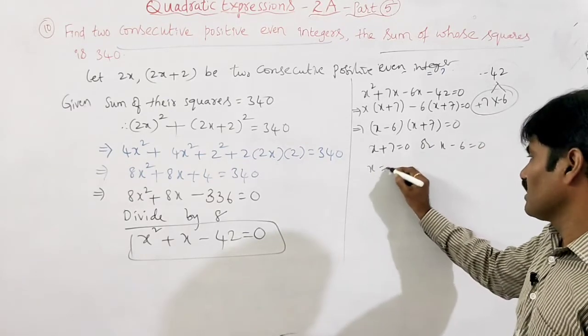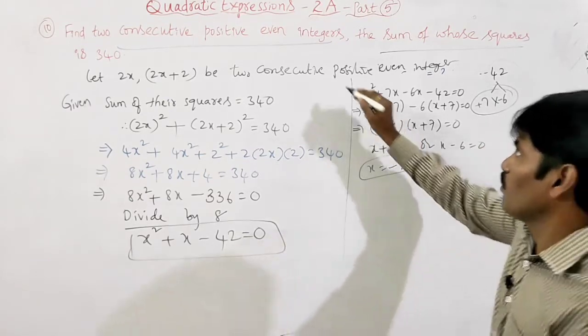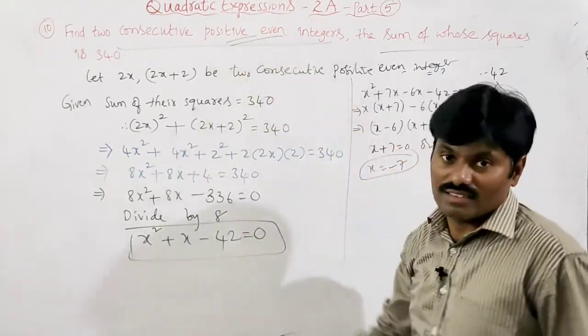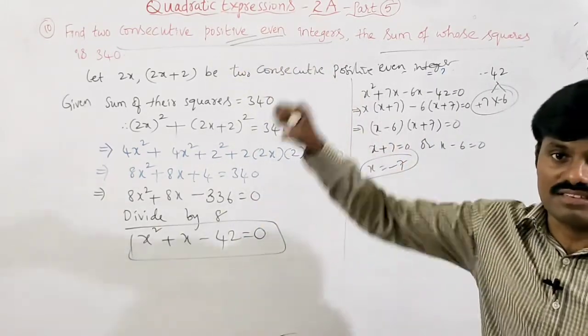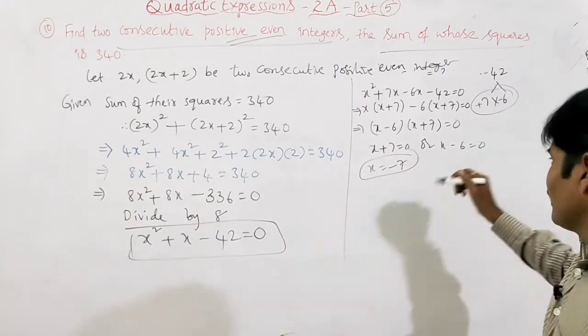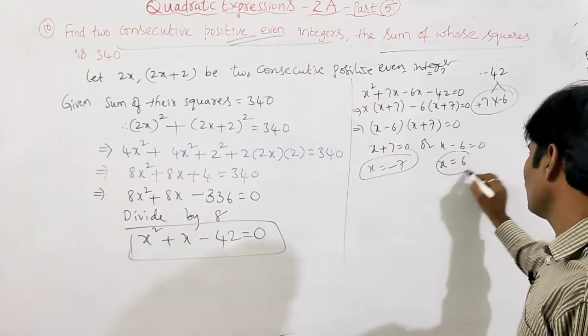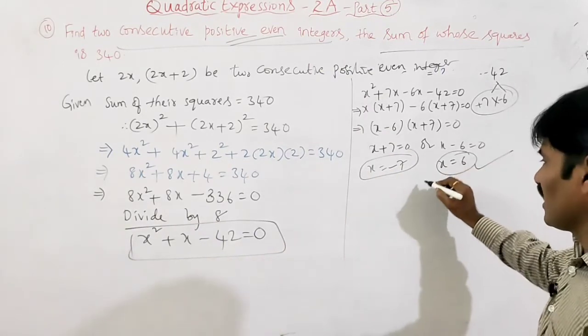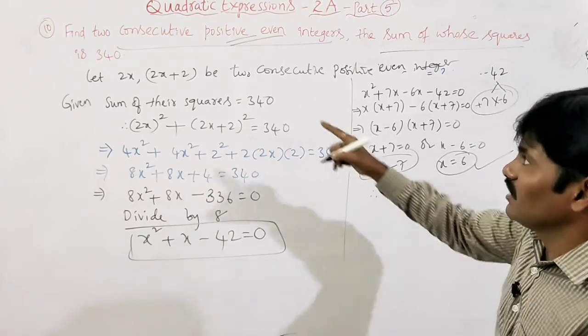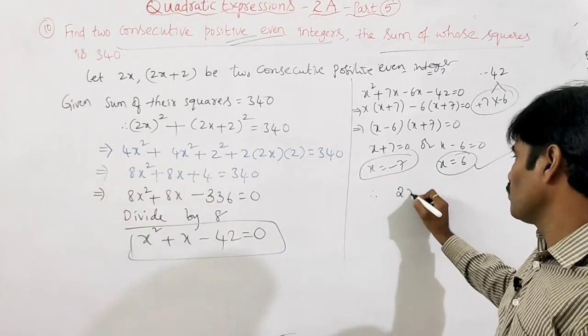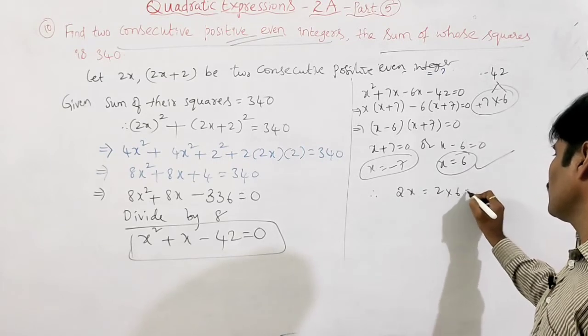Anyway, x equal to minus 7 is not possible, the reason being they have given positive even integers. So the x value minus 7 is not the answer. Now x value 6 is the answer. So for x equal to 6, what are the two consecutive even numbers? One is 2x, that means 2 into 6, that is 12.